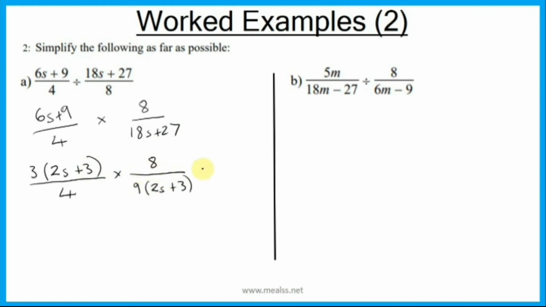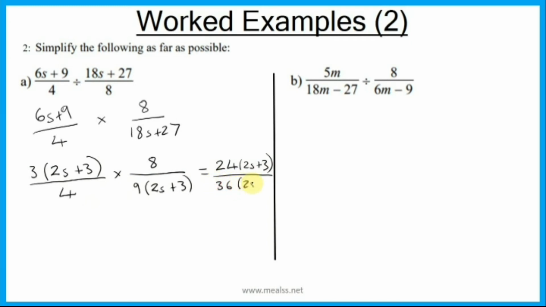So if we now do the multiplication, we multiply straight across, we multiply everything outside the brackets and then leave the bracket as it is. So 3 times 8 is 24. And we leave this as 2s plus 3. And at the bottom of the denominator, 4 times 9 is 36.